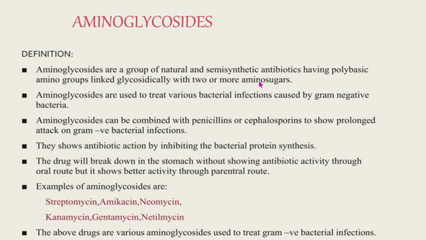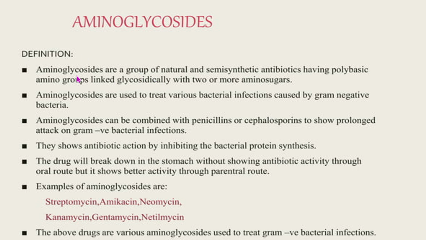That means they contain the presence of amino groups. Some antibiotics are of natural origin, some are of semi-synthetic origin, containing polybasic amino groups. That means they contain basic amino groups linked glycosidically with 1 or more amino sugars. So presence of amino sugar, presence of polybasic amino groups, and both of them attached to each other through a glycosidic linkage.